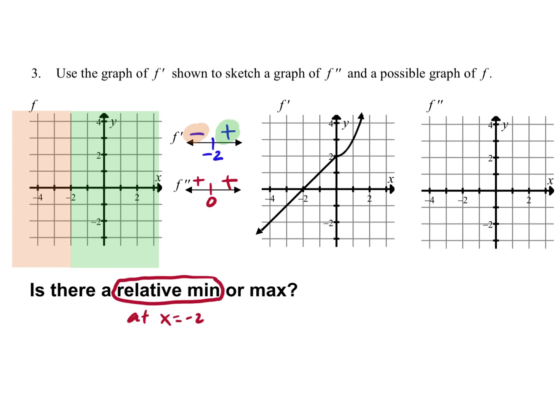There is a relative min at x equals -2. And the other thing is that this is concave up. So we've discussed that already. So now it's just a matter of drawing the graph, and then we'll move on to the second derivative function, okay? And we've talked about both of these things too.